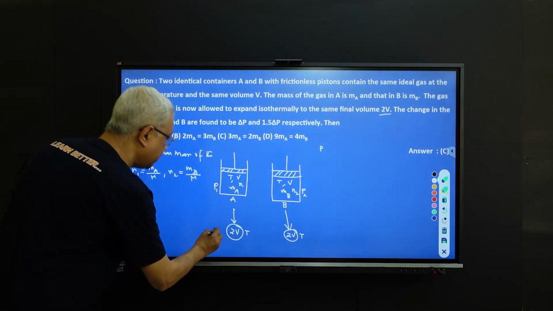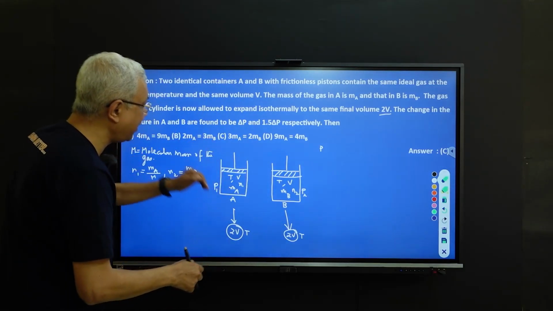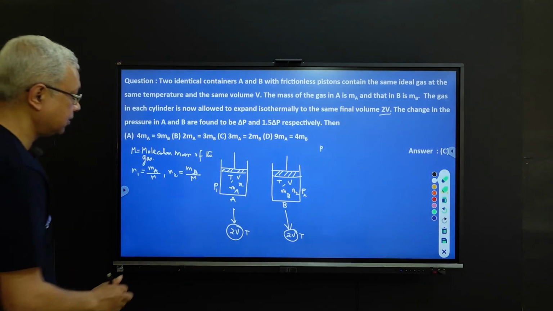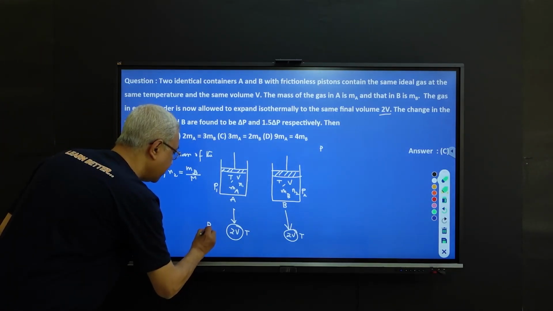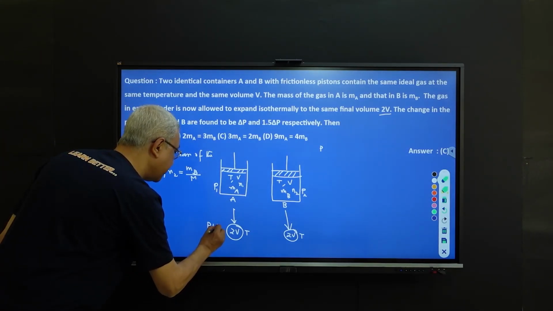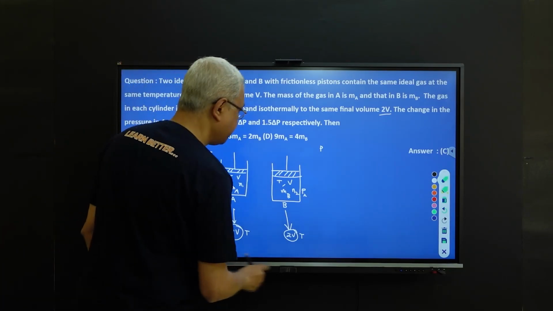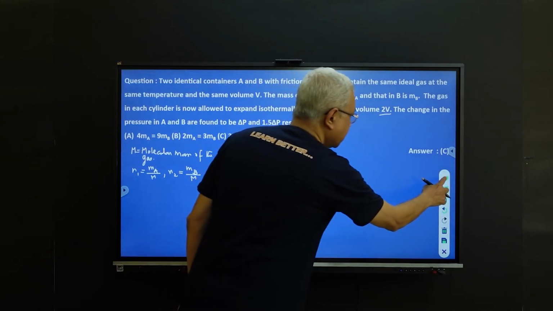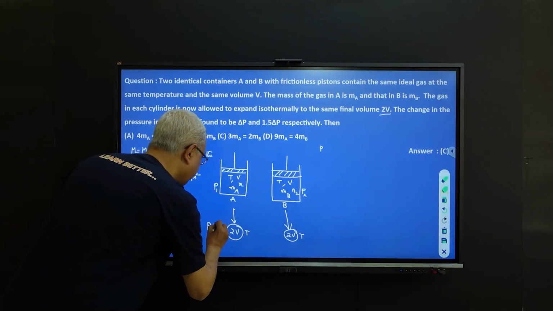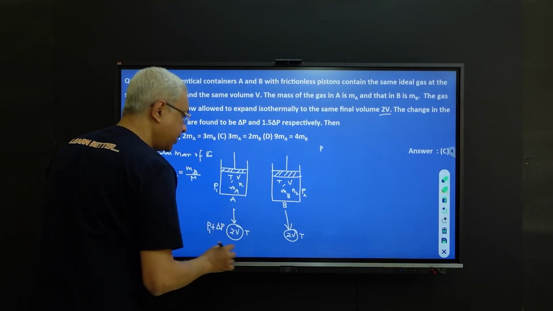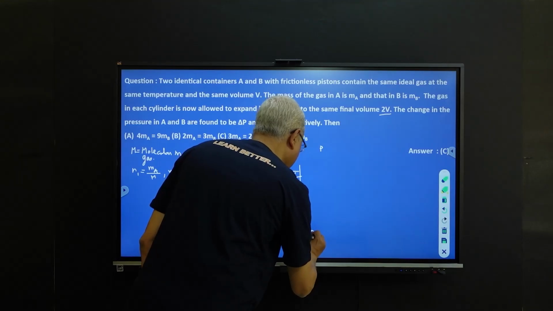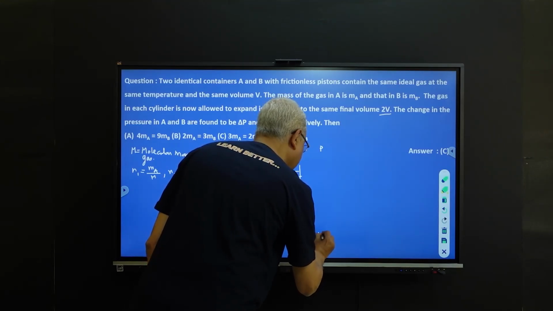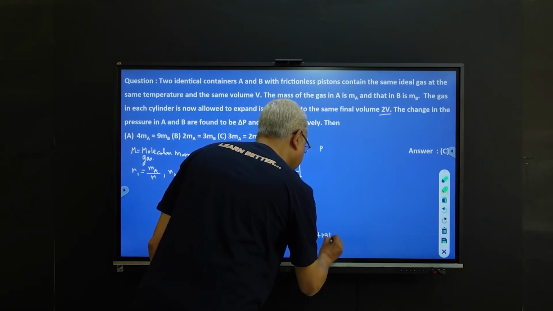When it is expanded isothermally, the pressure becomes P1 plus delta P here, and here it is P2 plus 1.5 delta P.